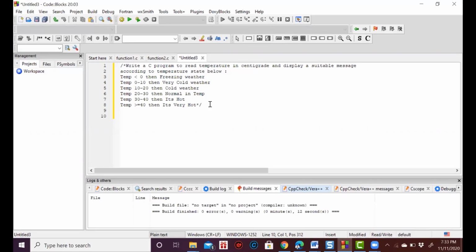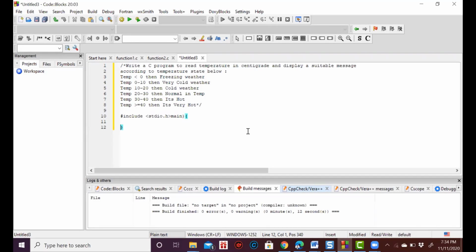And include stdio, okay. Then main. What is the temperature in centigrade?